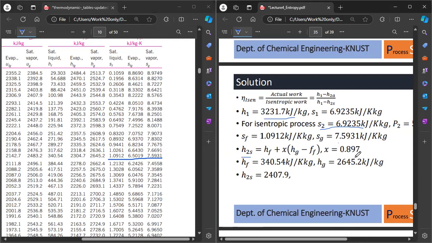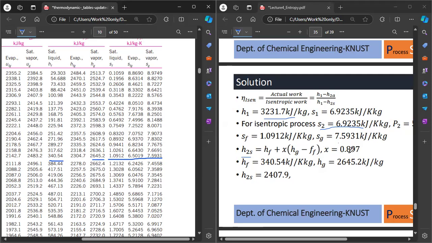So we are going to use the quality we found, right? And then this time we are going to pick the Hg and then the Hf value and use that to find the H2S. Is that okay? Still using the same formula. So H2S is going to be Hf plus x times (Hg minus Hf). We use the entropy with a similar formula to find the quality, and the quality of the material is not going to change.